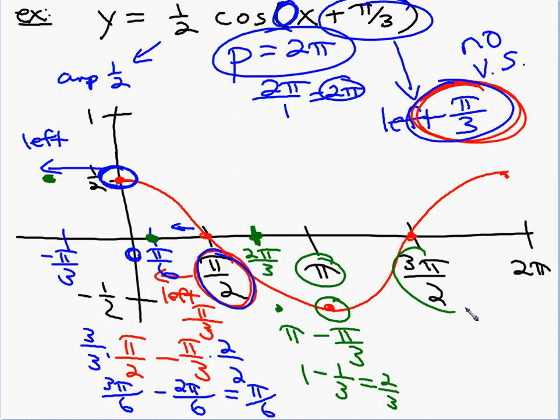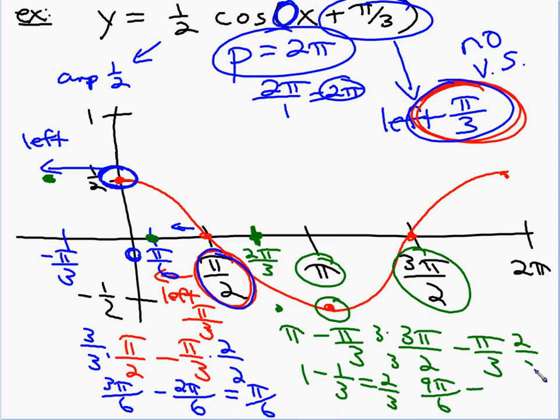Now I need to move the 3 pi halves. So that means I need to subtract pi thirds. 3 pi halves minus pi thirds means I have to get a common denominator again, which is 6. So I'm going to multiply the first one by 3, make it 9 pi sixths minus, this one by 2, this one will be 2 pi sixths.